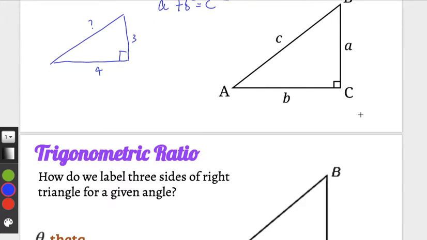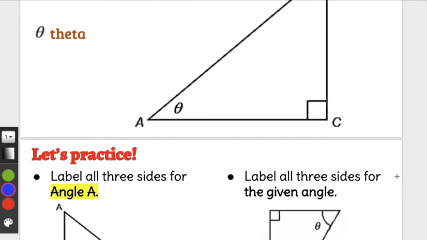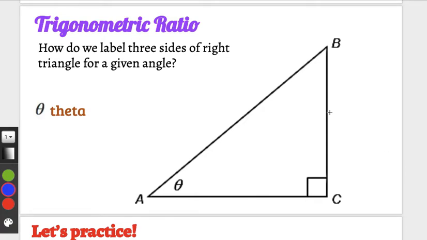However, in order to understand the trigonometric ratio, the very first thing we need to focus on is how we label the three sides. A triangle has three sides, and how we label them can be very different based on the position of the angle. In this unit, you will also see a Greek letter called theta.